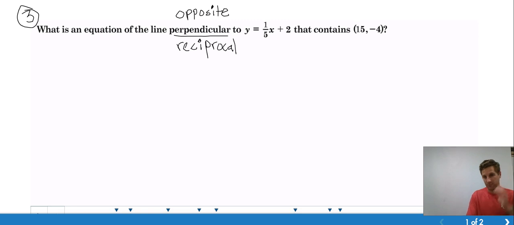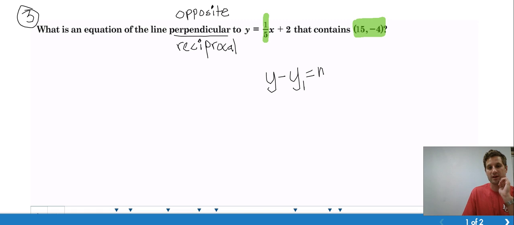So we have a slope of 1/5 and we have a point right here. So we can put this into the equation y minus y1 equals m times x minus x1 and all that good stuff. But what's the slope? It's not going to be 1/5. If I put 1/5 in, that'd be a parallel line.